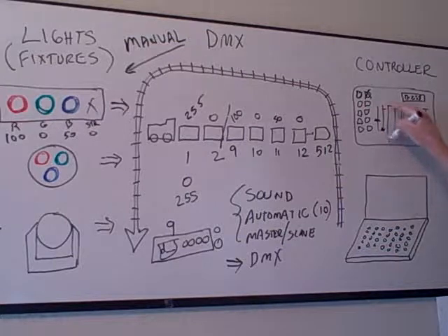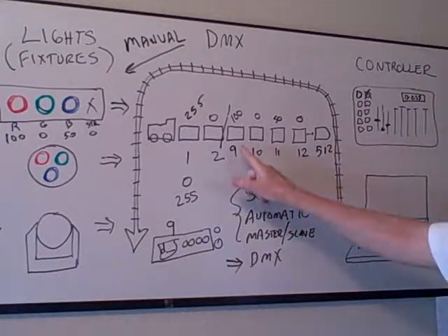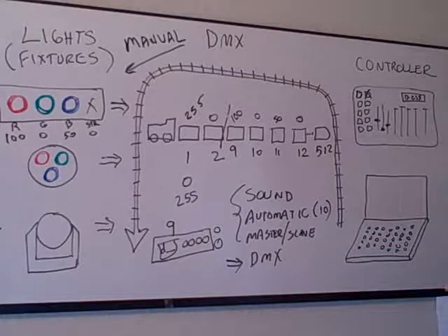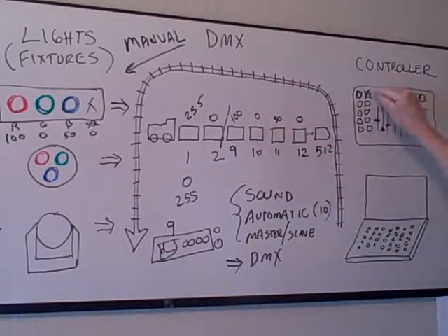This one would be at 0. 50 might be down here a little bit, and so forth. So these sliders would correspond to train cars 9 through 16. So by pressing 1, I can fill up cars 1 through 8. Pressing fixture 2, fill up 9 through 16, and 3, 4, 5, and so forth.